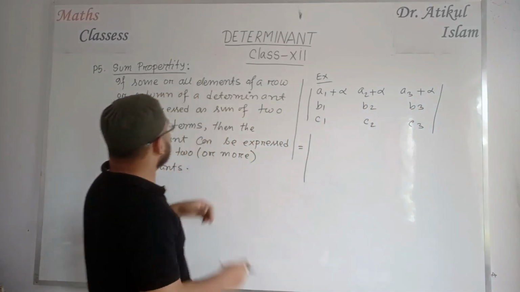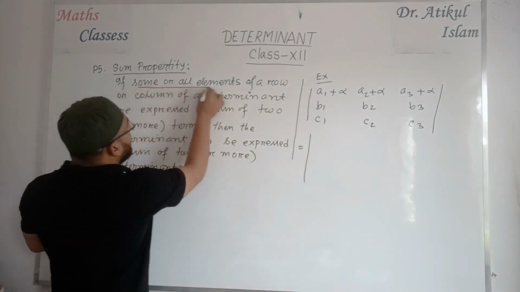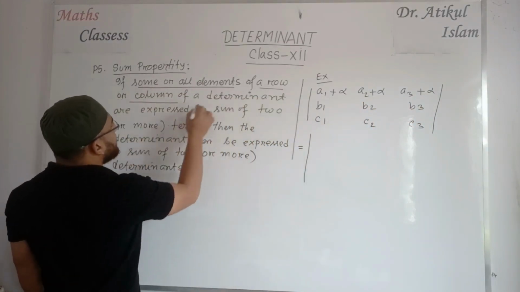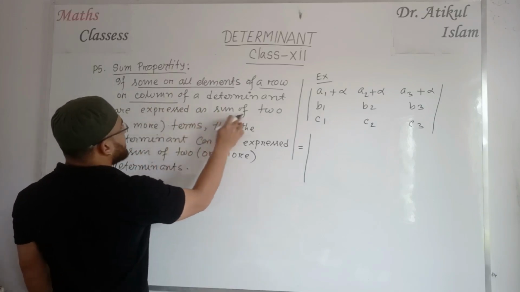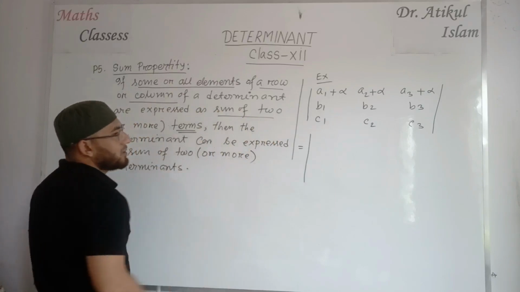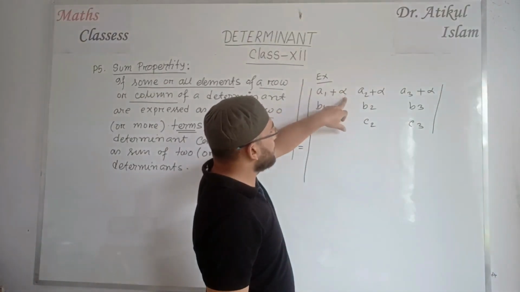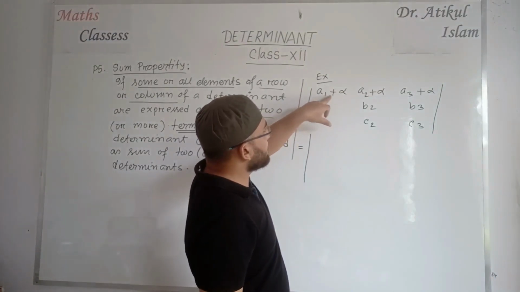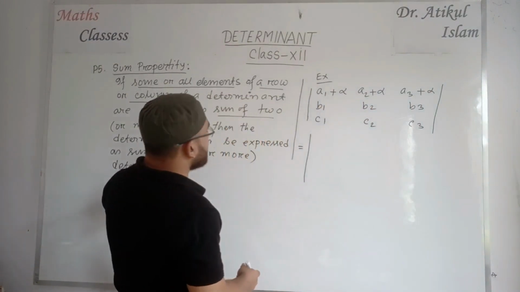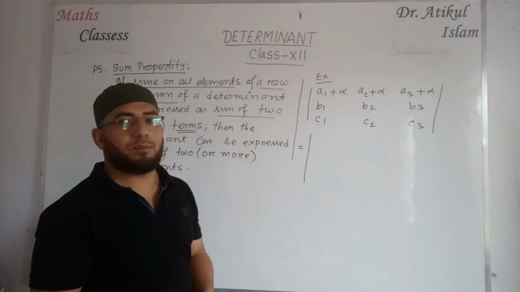So that means if all elements of a row or column of a determinant are expressed as a sum of two or more terms, then here, in every element in the first row, alpha is there. So we can express this determinant as two determinants.